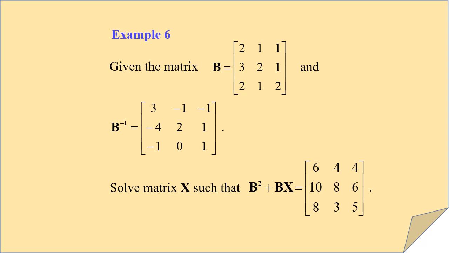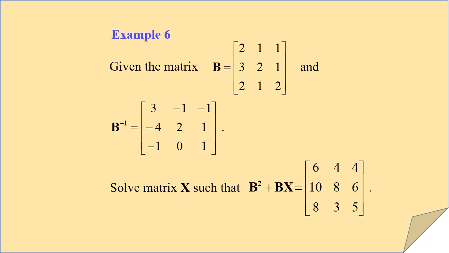If we don't want to find B squared, or B multiplied by B, let's rearrange the equation first so that X will be the subject. After that we can do the operation and solve the equation.